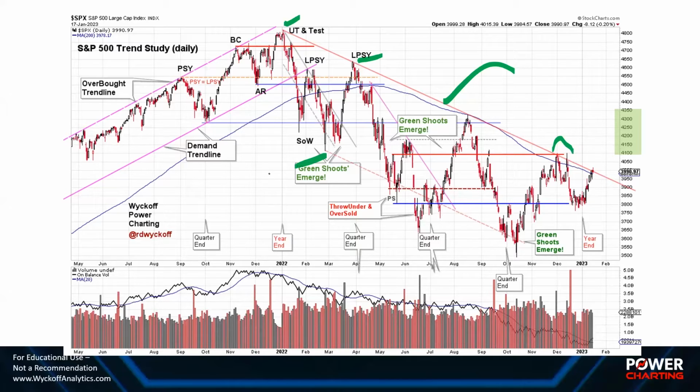Now, in December, we rallied up and touched that overarching supply trend line right here and reacted off of that, but something very important happened there. We reacted off of that back to support as established by this preliminary support low that was set in May.